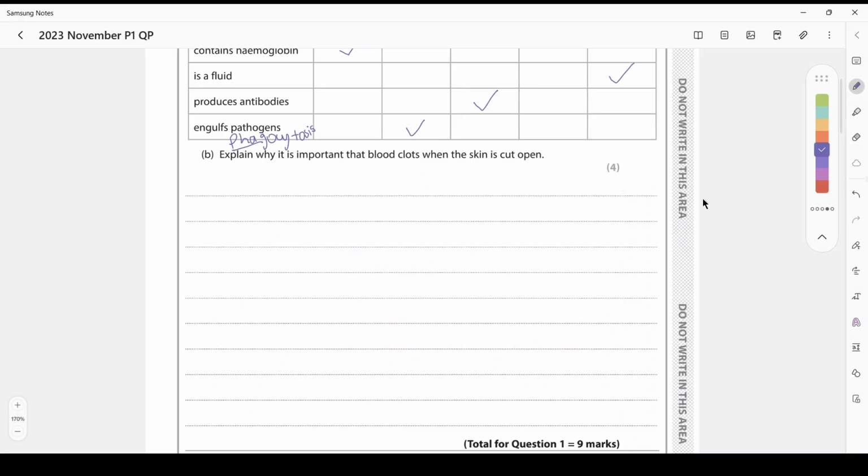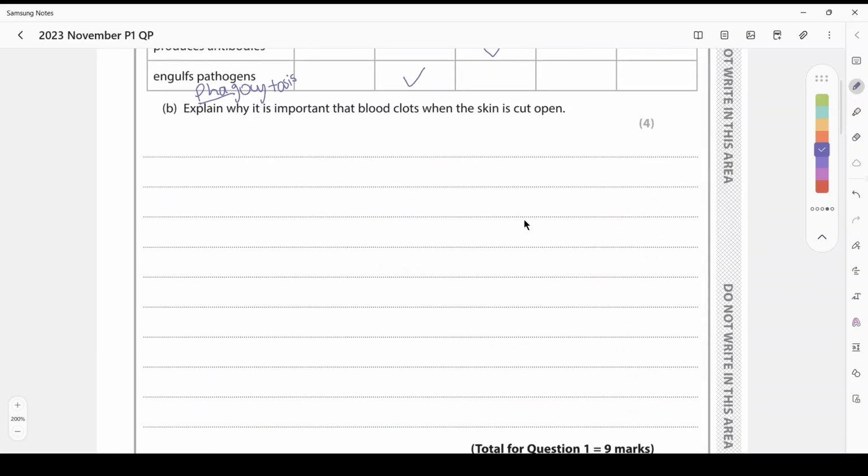All right, let me just remove this and let's write this down. All right, so we can say during blood clotting, an insoluble mesh is formed.